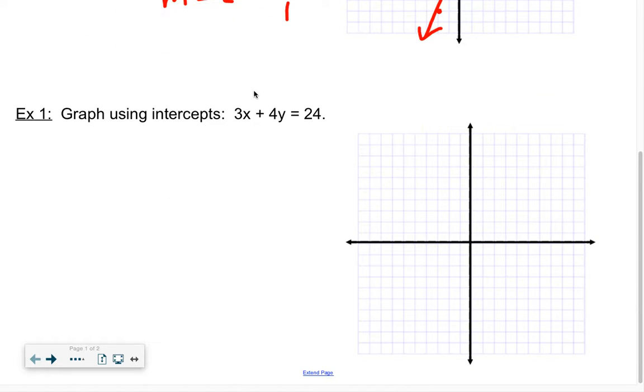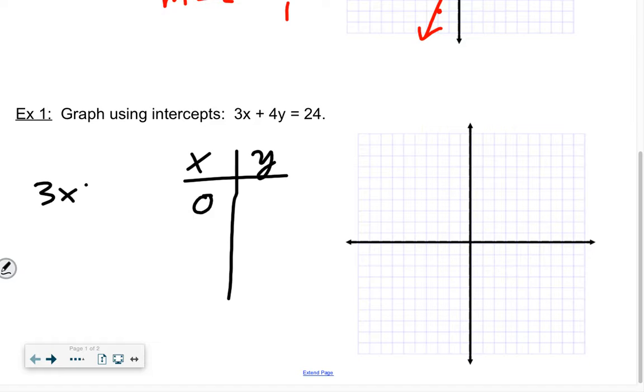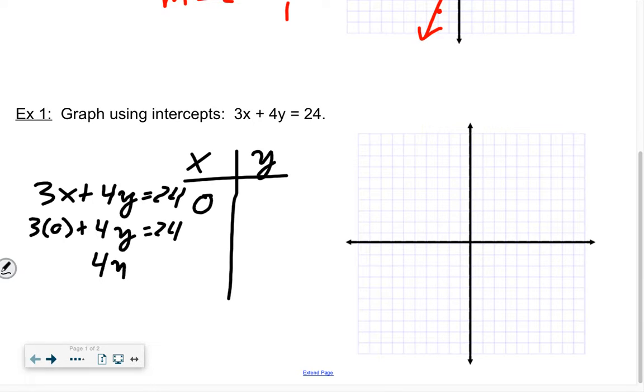If we want to graph this using our intercepts, we want to create an xy table. First of all, let's let our x be 0. Now we want to find the y value when x is 0. So we go back to our equation, plug 0 in for x, and solve for y. 3 times 0 is 0, so we have 4y is equal to 24.